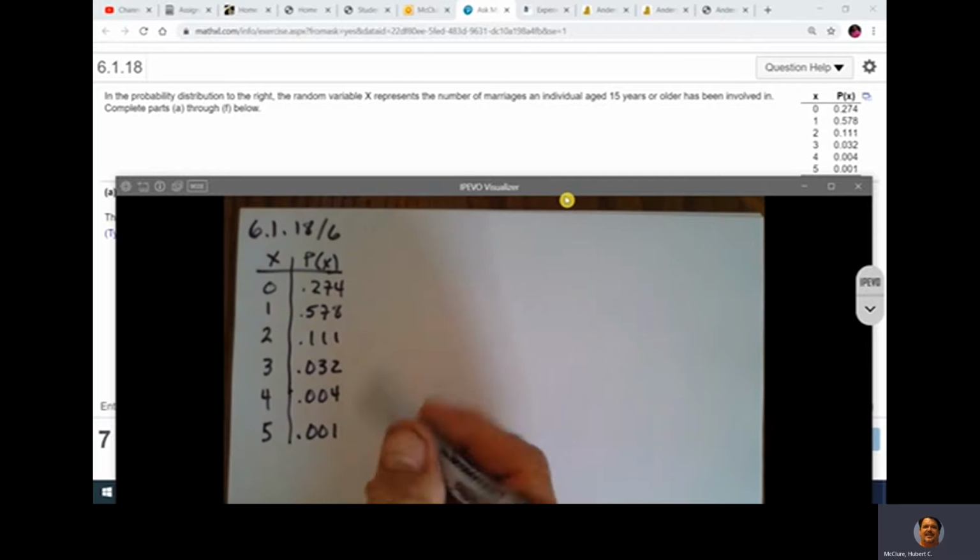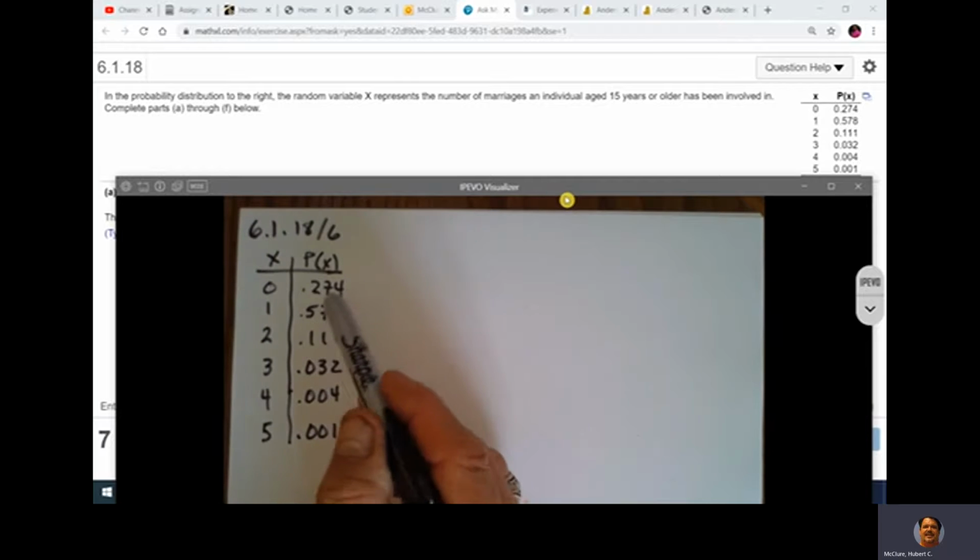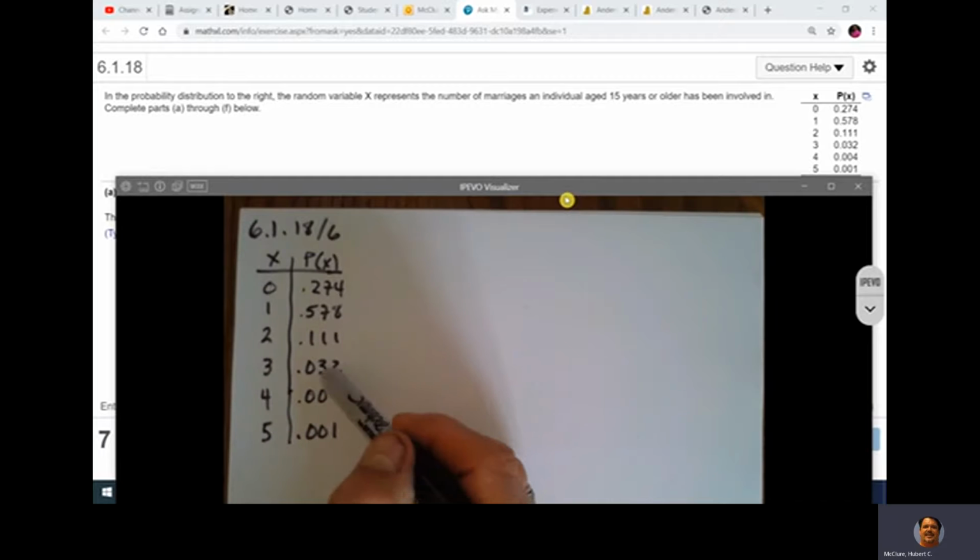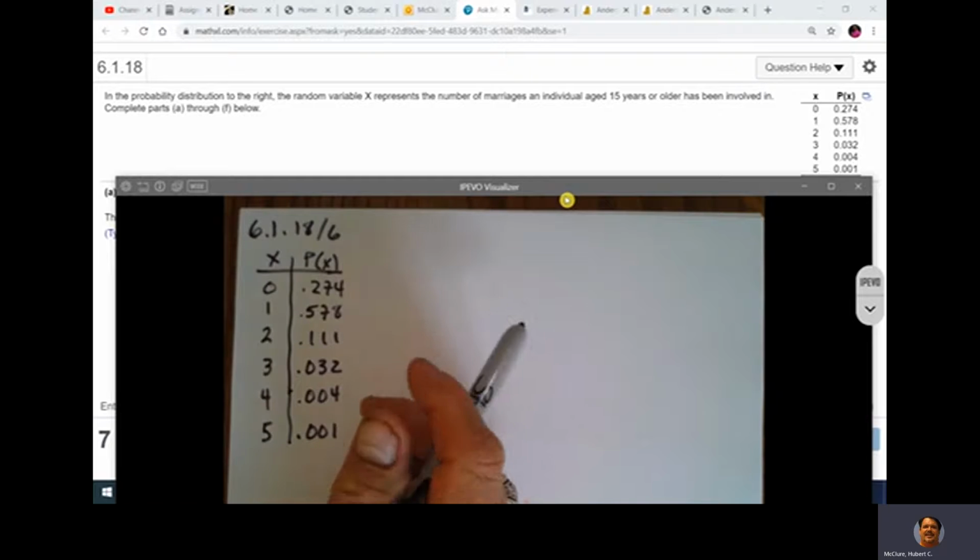Now the first thing I need to be able to do is test: all these are between 0 and 1. And if you add them all up, I have no idea what they equal.